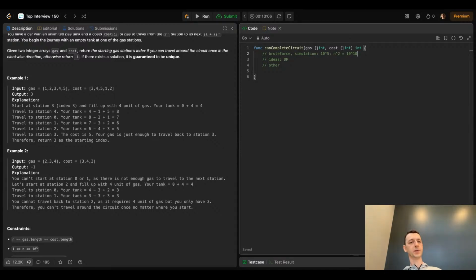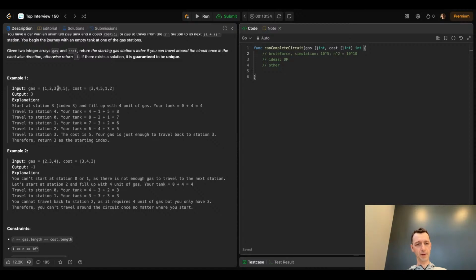If we just start from any point, let's say from the end of this array, we can know where the deficit happens.